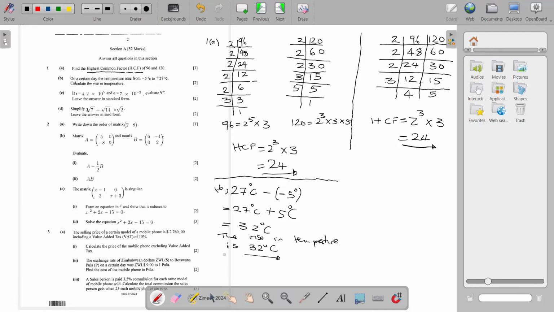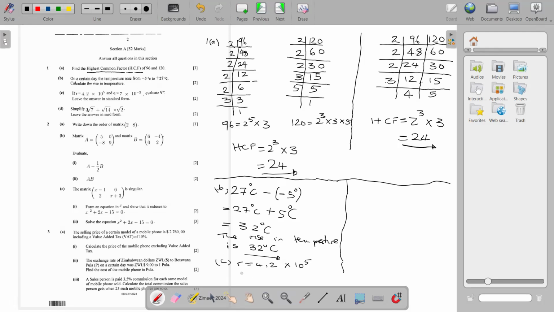Then part C. On part C, we are given that R is equal to 4.2 multiplied by 10 to the power 5.